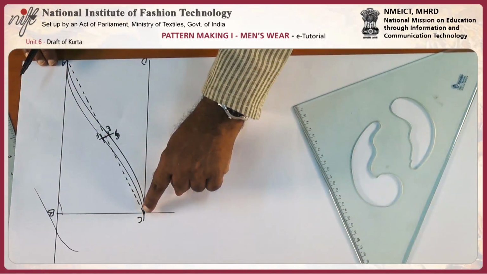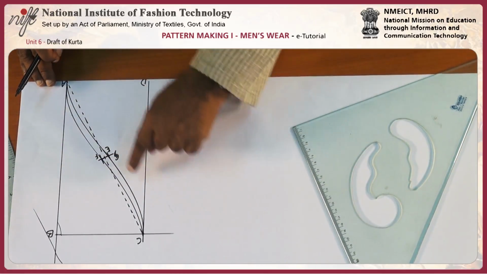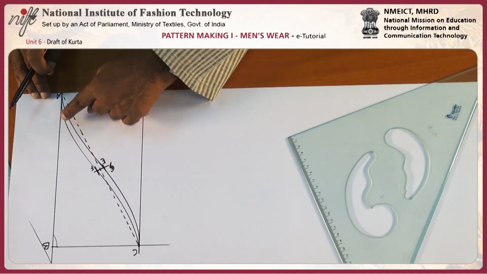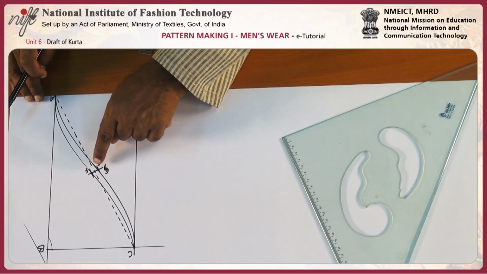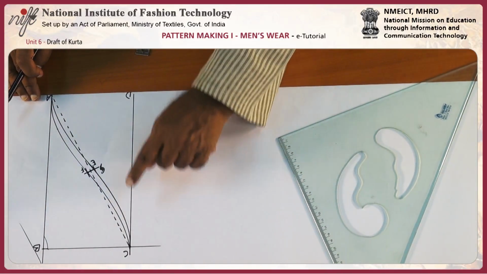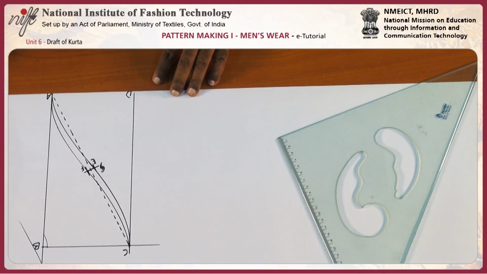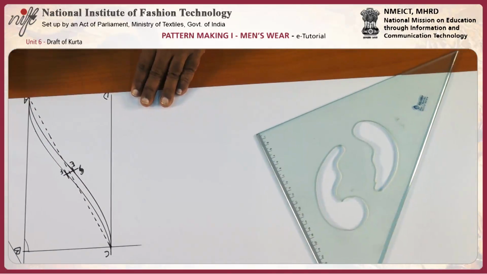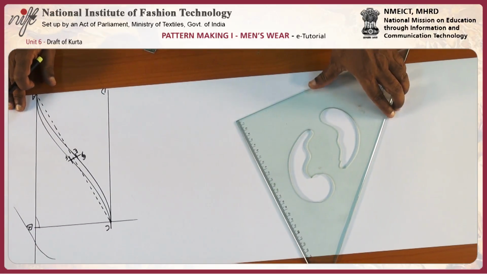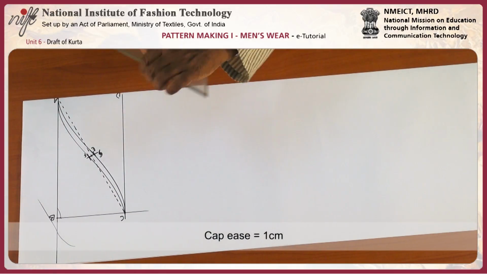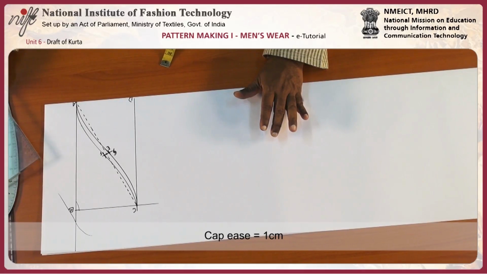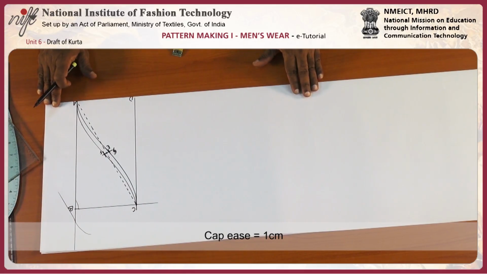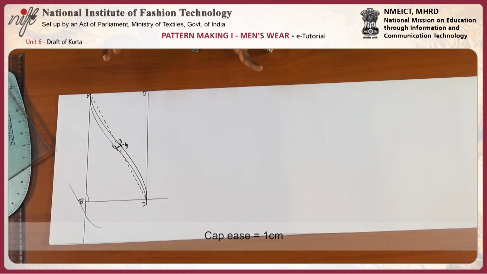Now you can measure the curve lines by passing the measuring tape on the curve of the back armhole and front armhole. It will be 1 centimeter more than the total body armhole. So 1 centimeter will be the cap ease required to attach the sleeve smoothly.